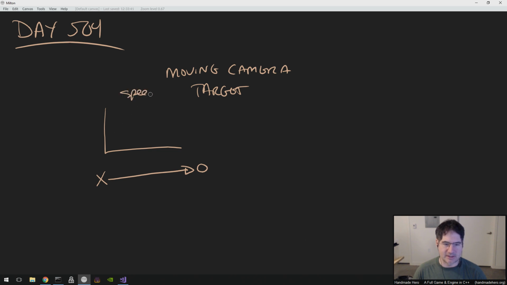If this is the speed, we wanted it to follow a speed curve that sort of looks something like this, right? In other words, we want the rate at which the camera is moving to look something like this.